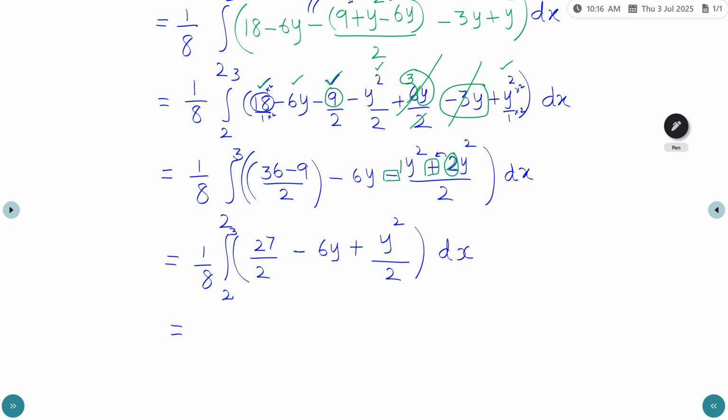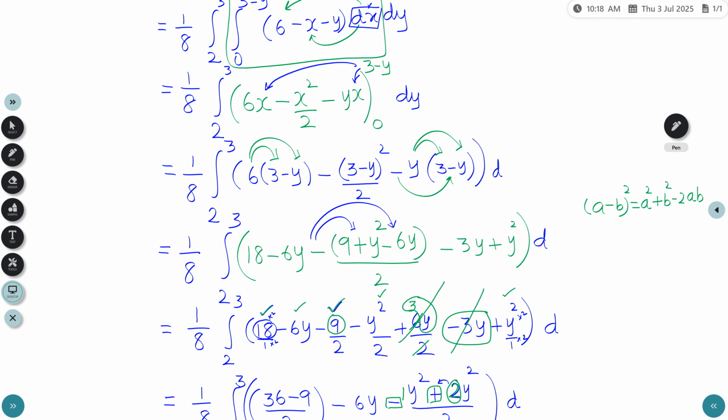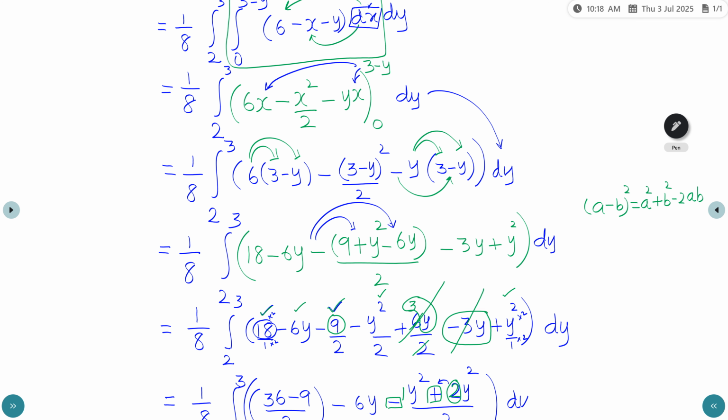Next step, integration. See, correct it here: all the places are dy, not dx.